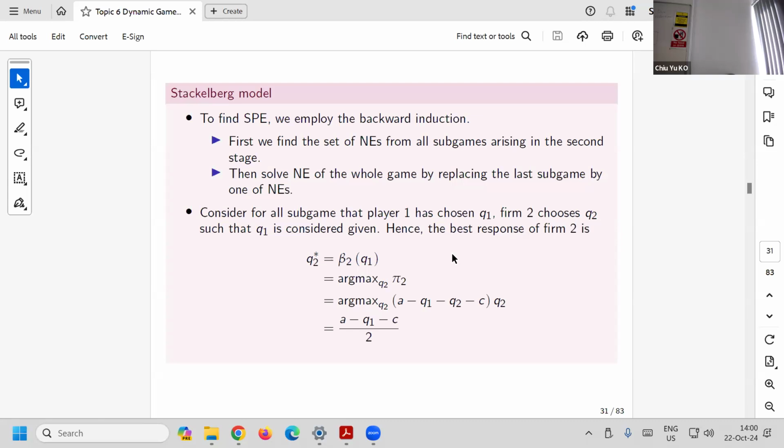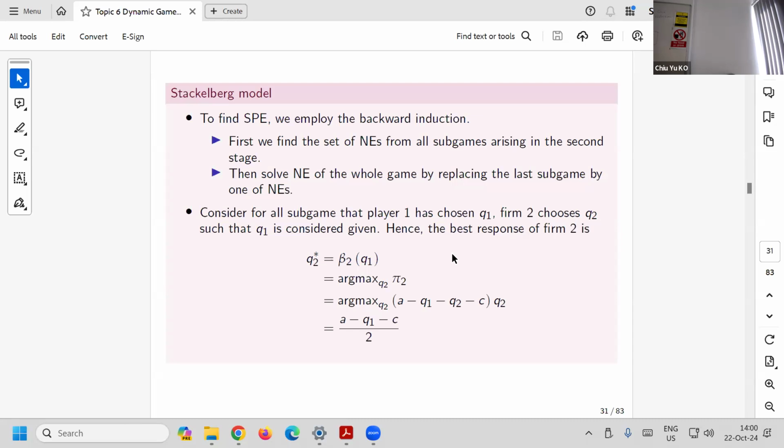But because the structure of the model is similar for every model, once you solve one model, you solve all the models. Do you know that firm 2 is solving a class of problems? Because for every Q1 chosen, this is a problem. And the problems are the same or so similar, you only solve once.